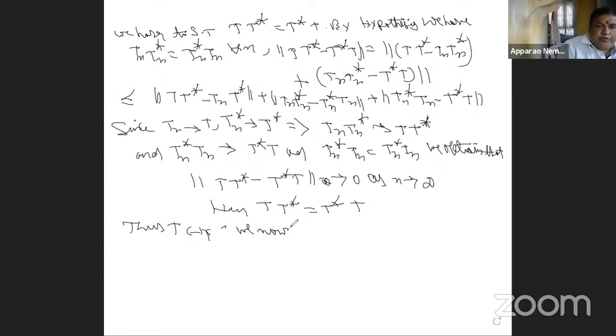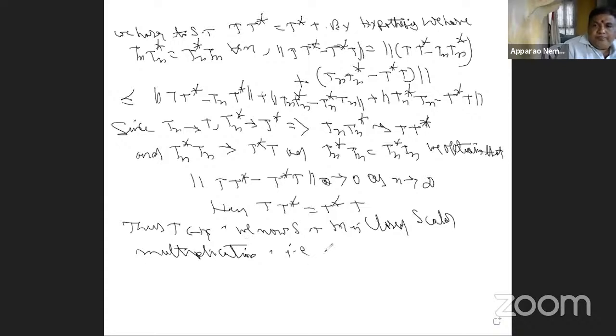We now show that M is closed under scalar multiplication.